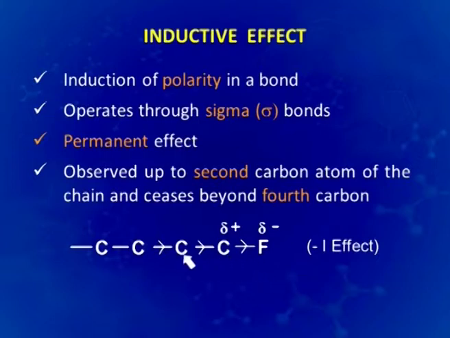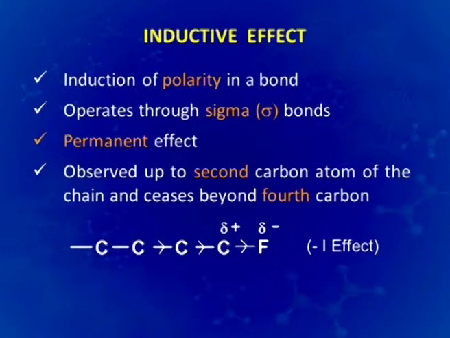If we see this example, what do we observe? In this alkyl halide which has a chain of alkyl groups and then a fluoride at the end, fluoride being highly electronegative tries to pull electrons to itself, making the adjacent carbon slightly positive. And this effect does not remain till the next atom to the electronegative atom, rather it extends further and goes on to the third and the fourth.